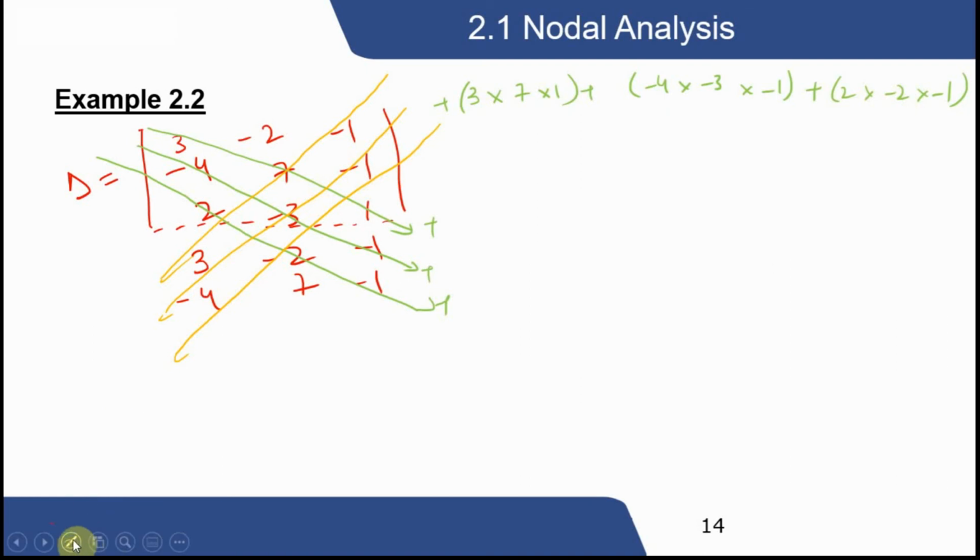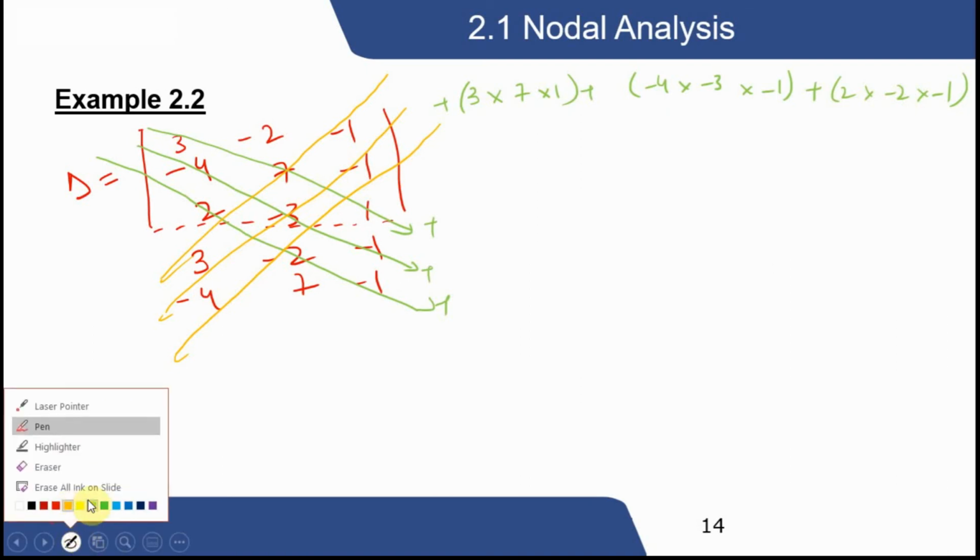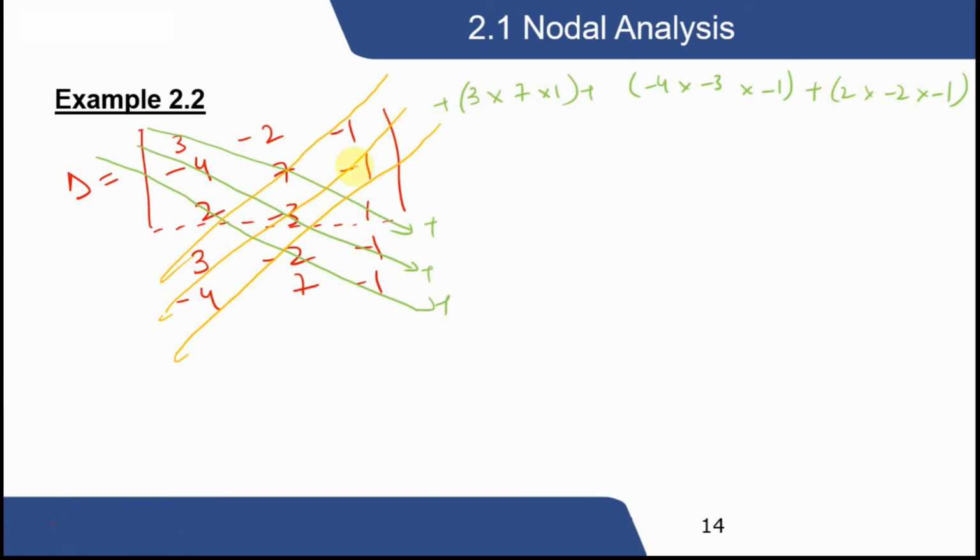Then the next ones are the lines which carry a minus sign, like minus 1, 7, 2. Then again minus, minus 1 into minus 3 into 3, then again minus, 1 into minus 2 into minus 4.